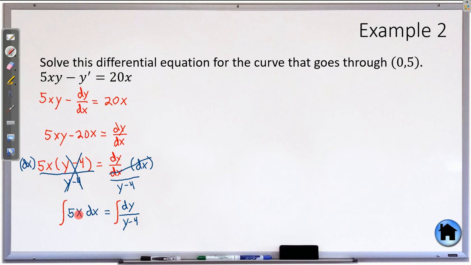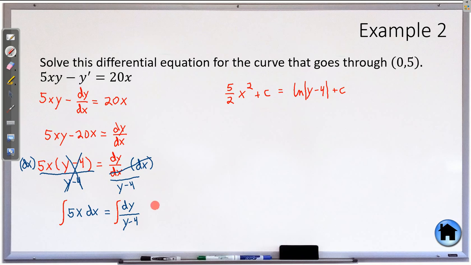So the left side is nice and easy. That will be 5 halves x squared plus c. And the other side, I'm just going to put the answer, it is natural log of y minus 4 plus c.